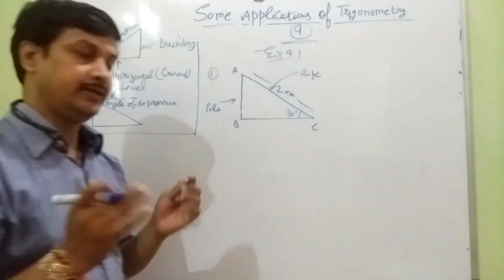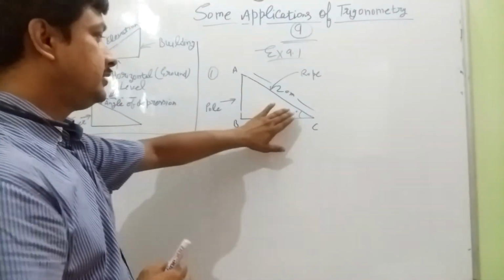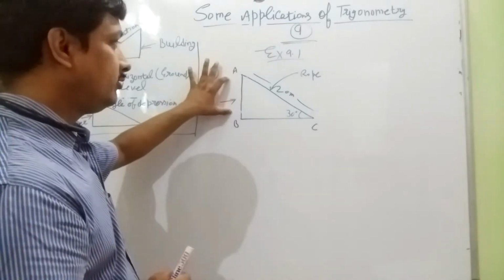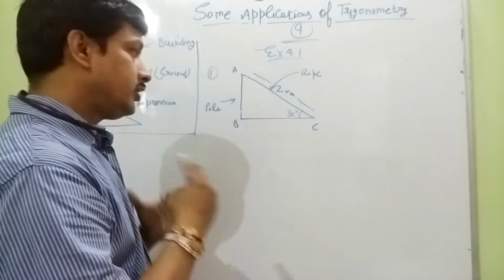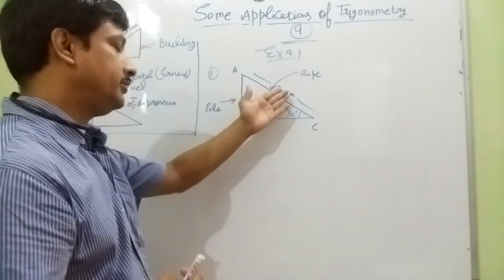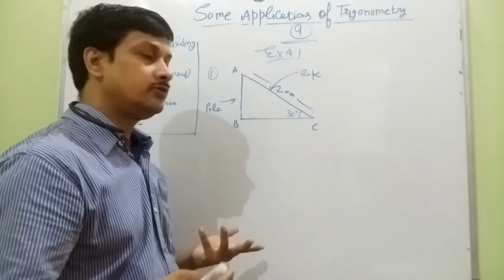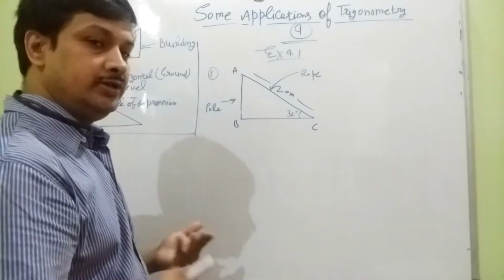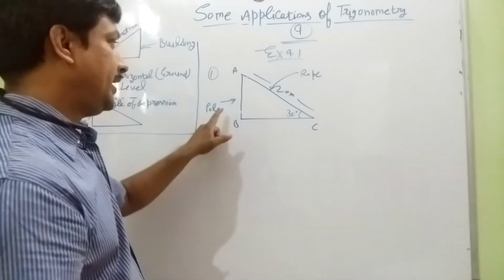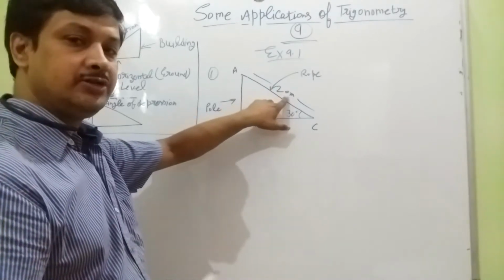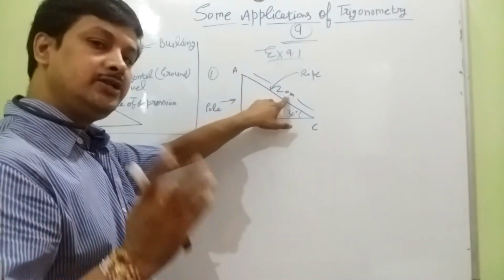So just think, for this angle, this is the perpendicular and this is the hypotenuse. So we are talking about perpendicular and hypotenuse. So which of the trigonometric ratios will we use here? Perpendicular and hypotenuse, we can use sine theta or we can use cosec theta.